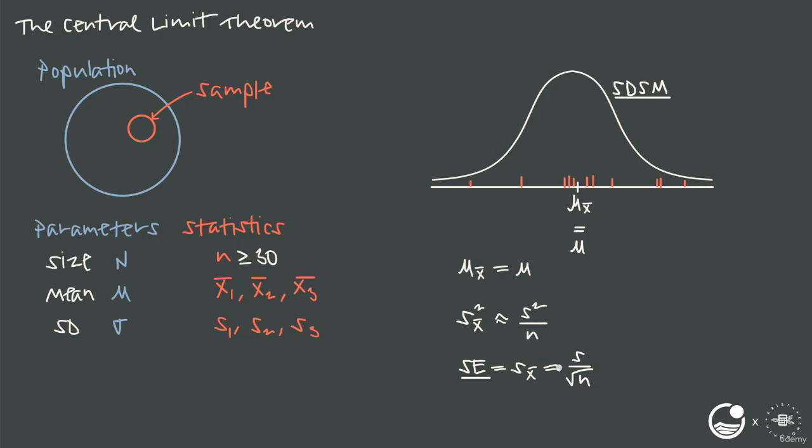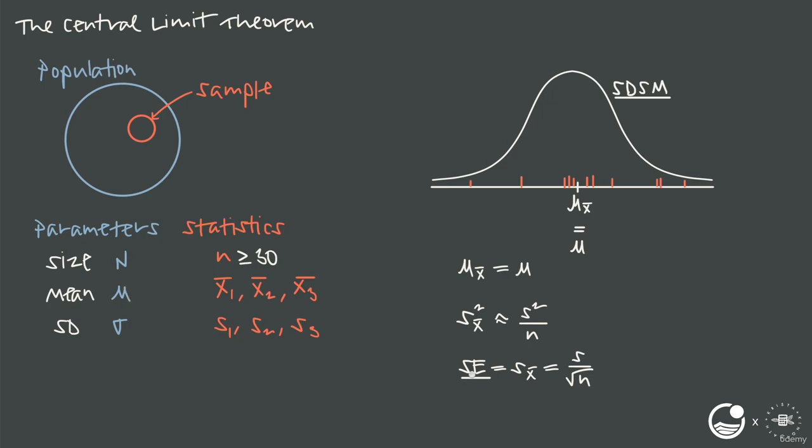Now, of course, just like with any other standard deviation value we've talked about before, when this standard deviation is larger, when the standard error is larger, it tells us that the sample means in the sampling distribution of the sample mean are more spread out away from the mean, which means that any one particular sample mean is less likely to be an accurate representation of the true population mean.